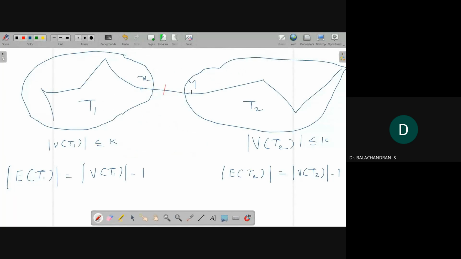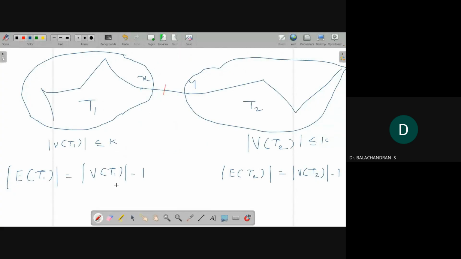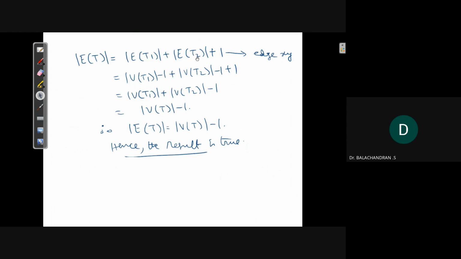This one is for the edge xy. The edges in T1 are the number of vertices in T1 minus 1, and in T2 the number of vertices in T2 minus 1, and then plus 1. Minus 1 plus 1 gets cancelled. So we have the number of vertices in T1 plus the number of vertices in T2, and then minus 1.